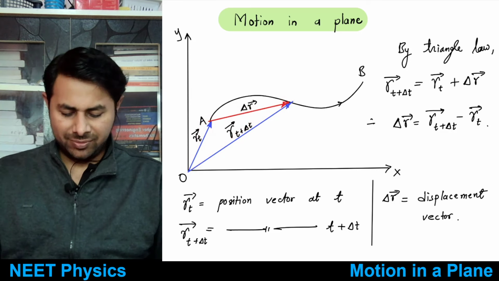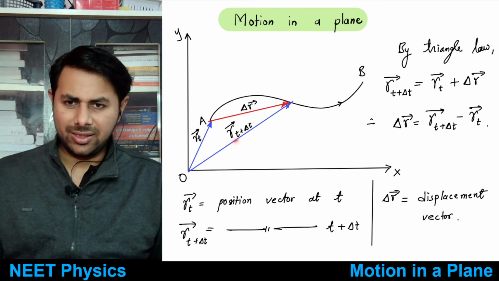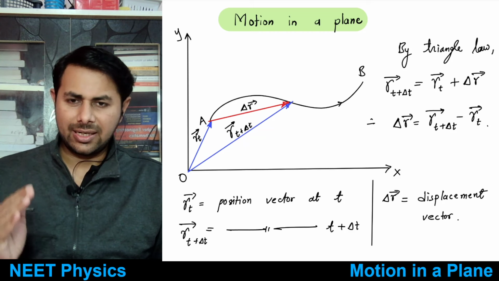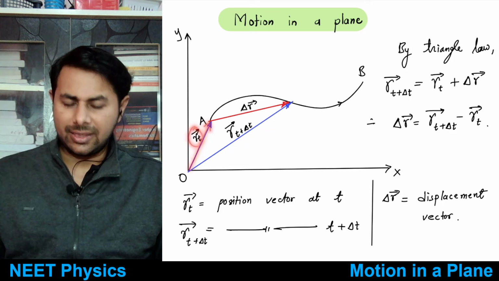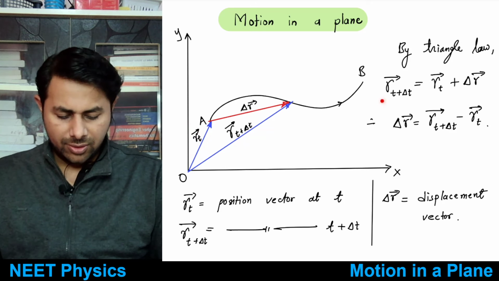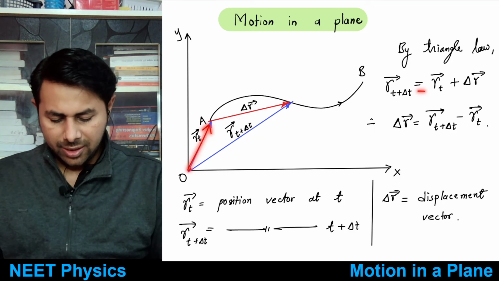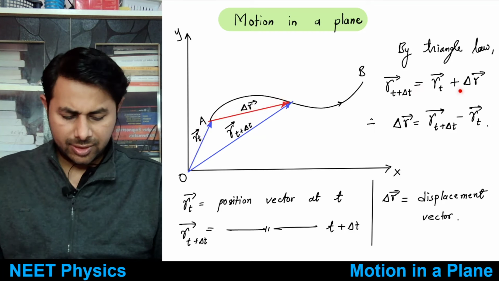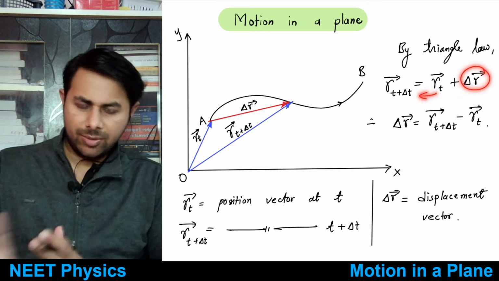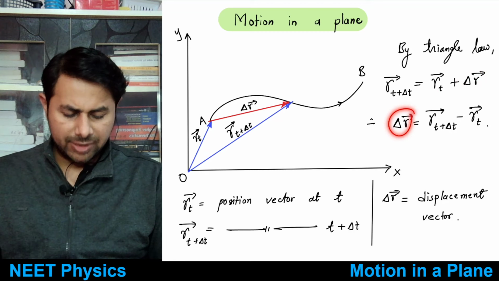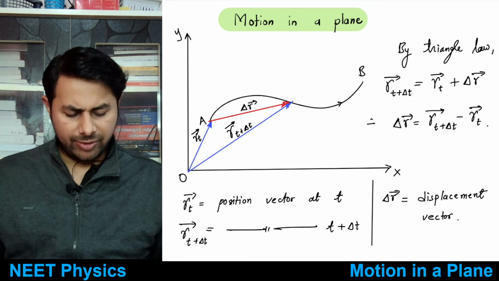I am denoting this one as r of t plus delta t, the position vector at time t plus delta t, and this is r of t, the position vector at time t, right? So r of t plus delta t is equal to r of t plus the displacement vector. Therefore, what will be the displacement vector? Just take that initial position vector to the other side. So the displacement vector is just the final position vector minus the initial position vector.